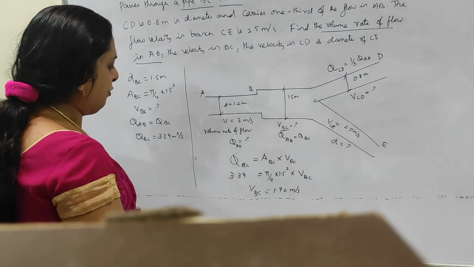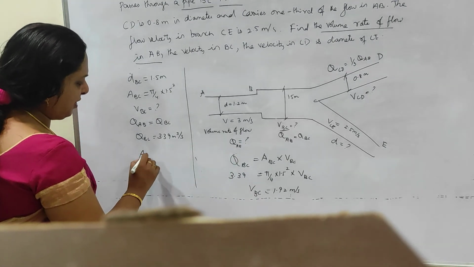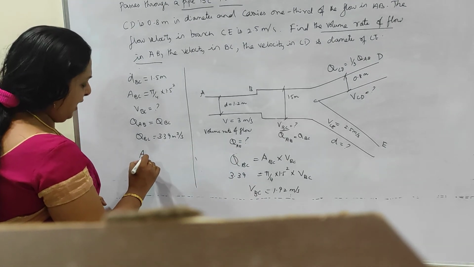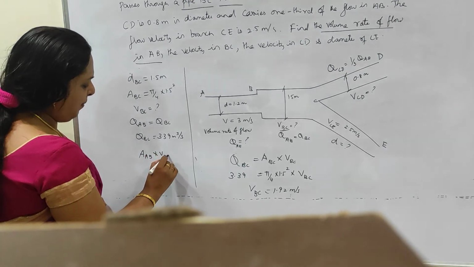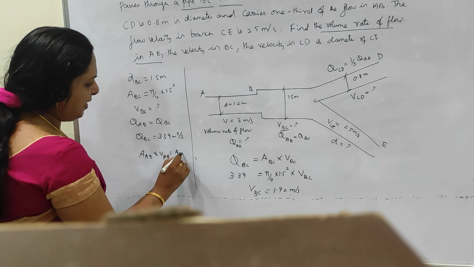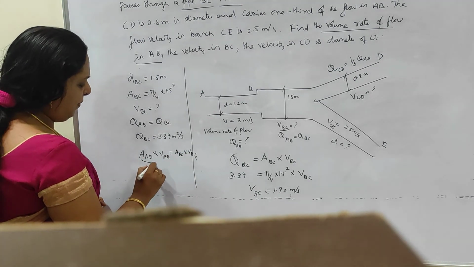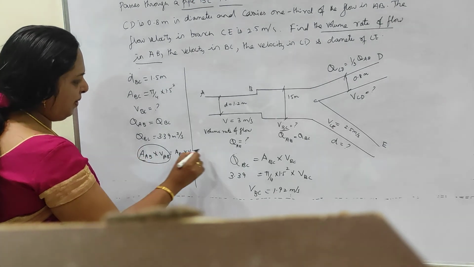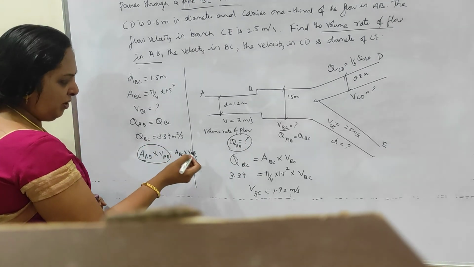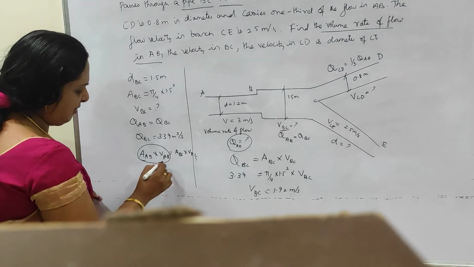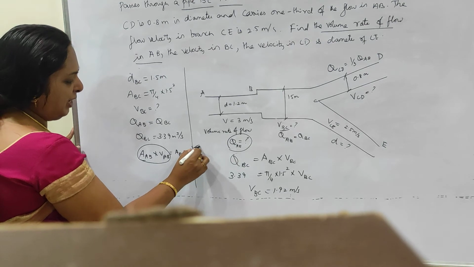Otherwise also, what we can do is, instead of QBC you can write QAB. That is your continuity equation. Area of AB into velocity of AB is equal to area of BC into velocity of BC. Both are the same. This area of AB into velocity of AB will be my QAB, and this QAB will be equal to QBC, and we can substitute the values here and you will be able to find out the value of VBC.